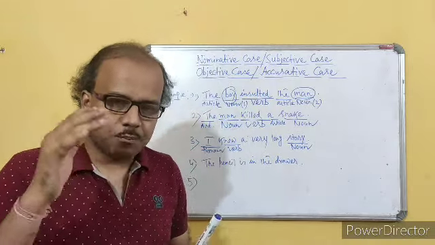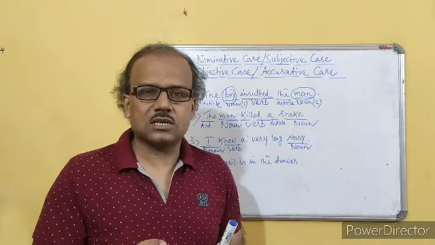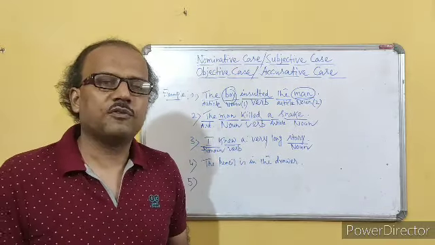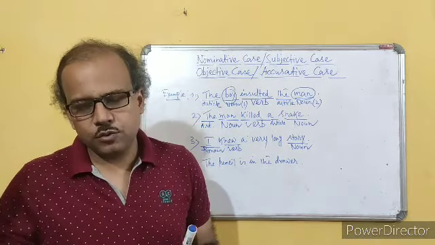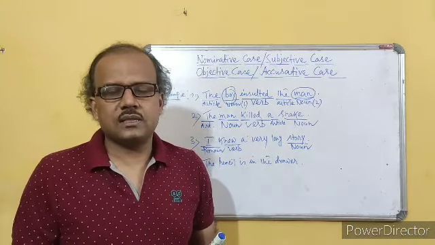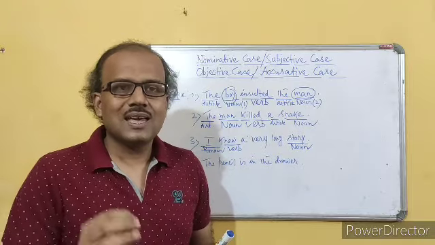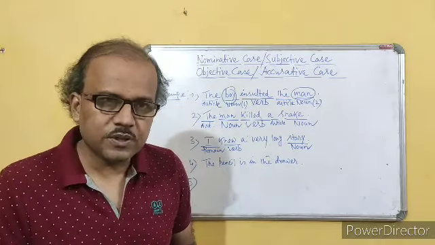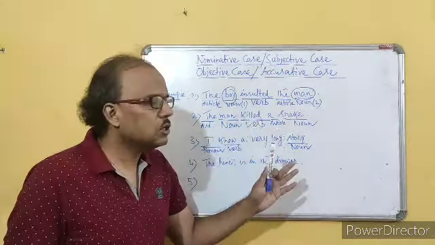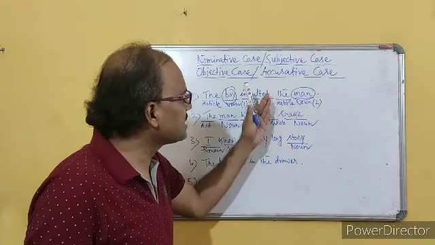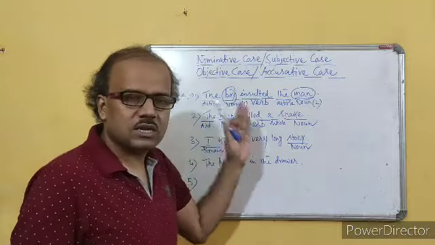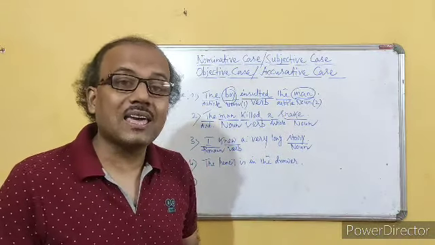So the positional relationship of a noun or pronoun with a verb or with another part of speech is called the case of noun. So here I have shown you through these three sentences what is the nominative case or subjective case and what is the objective case or accusative case.